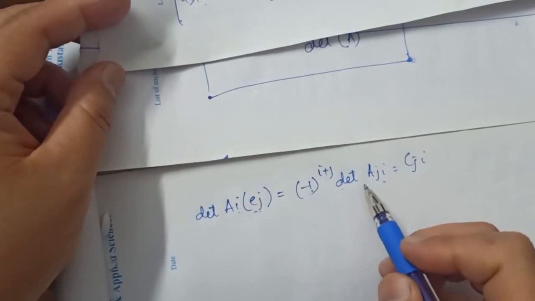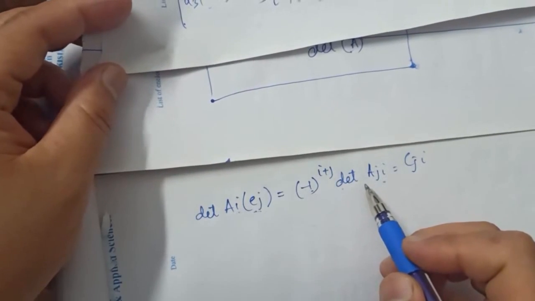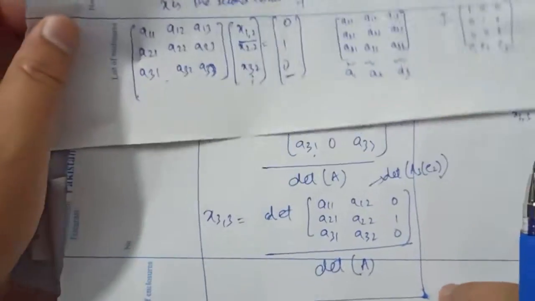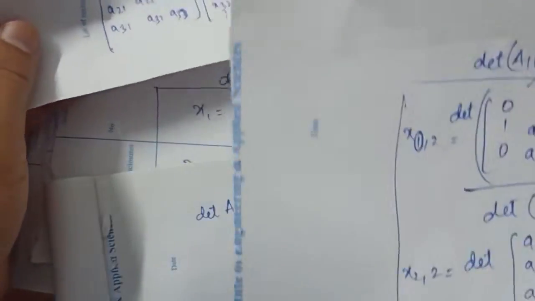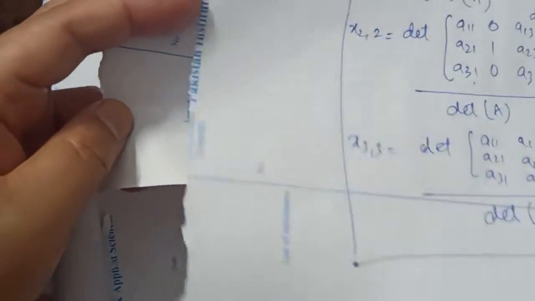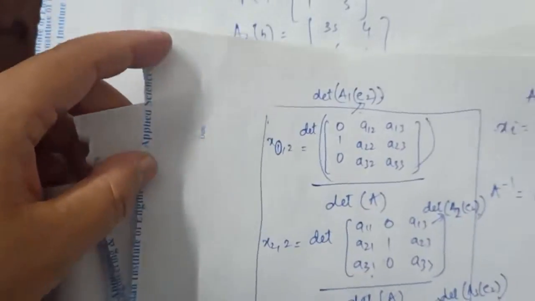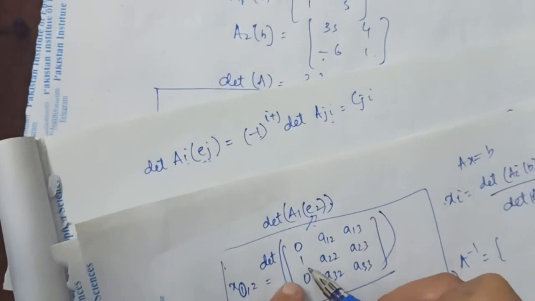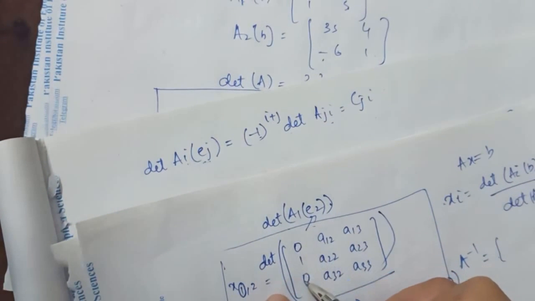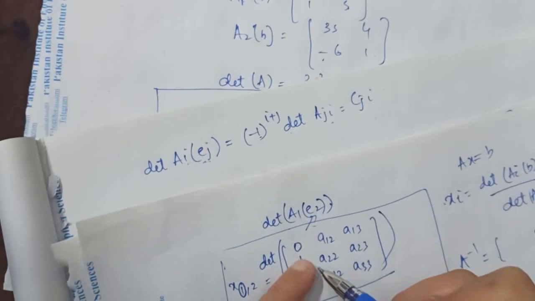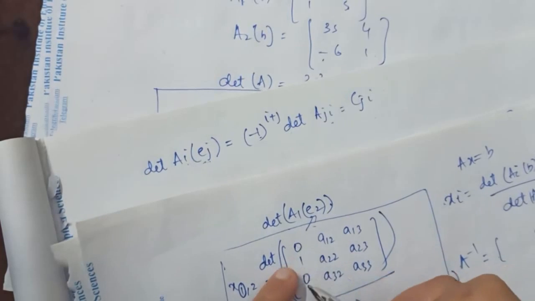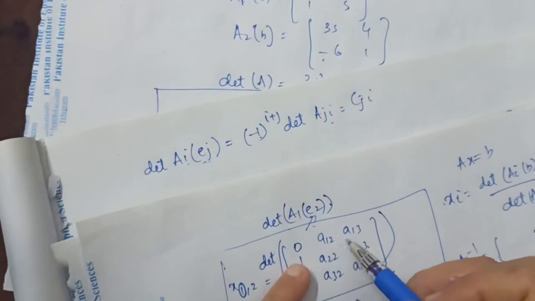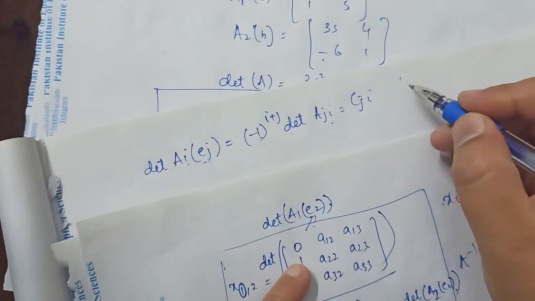And it's quite simple, because from here you can see it for any scenario. I'll just demonstrate it here. For example, if I expand it by this column, I remove this and remove this, so what I'll get here is A12. So let's do it for the first one.